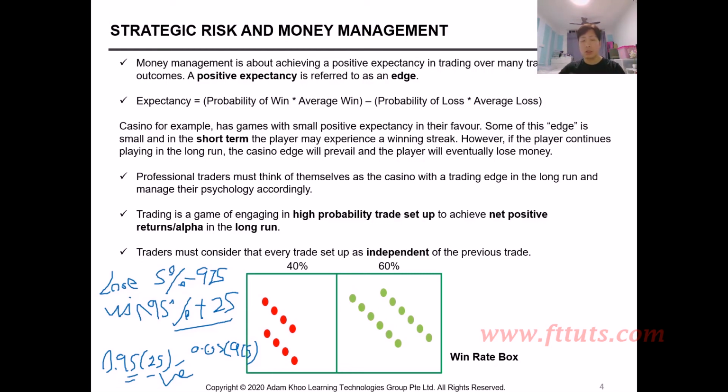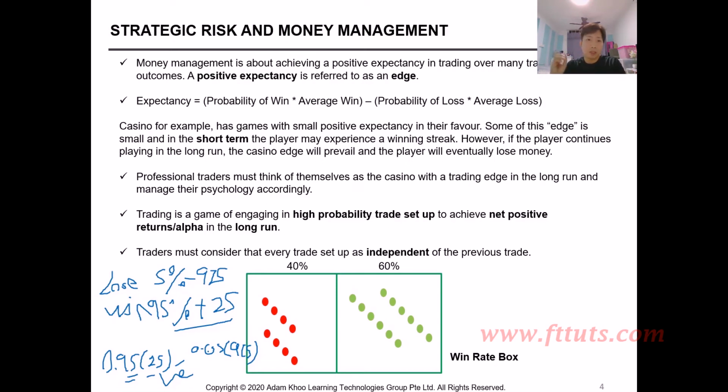It's a negative edge. In the long run, you're going to lose money. This kind of strategy tends to give false hope to traders, thinking that they may win a lot of times, but they just need one loss to lose all their money, and in the long run tend to be unprofitable.